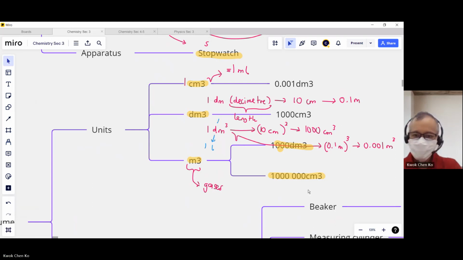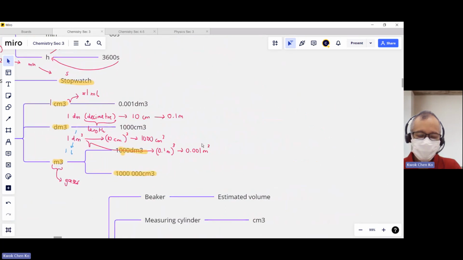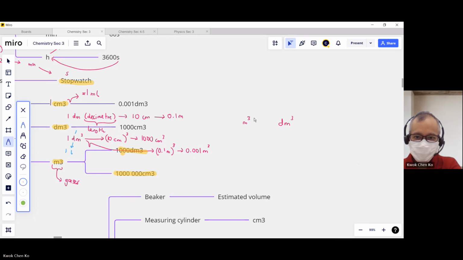So if I do a quick summary, if I want to convert cubic meter to dm cube, I simply multiply by 1,000.